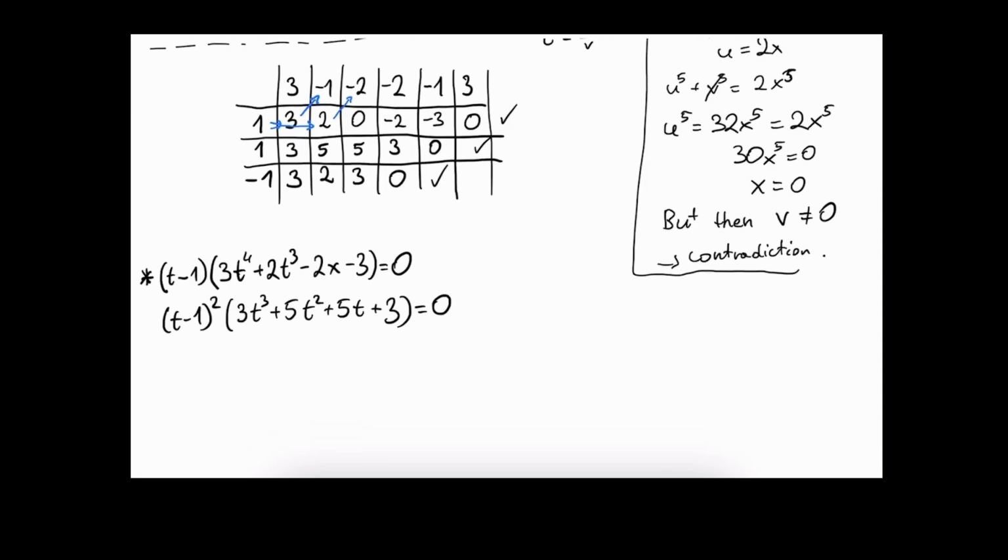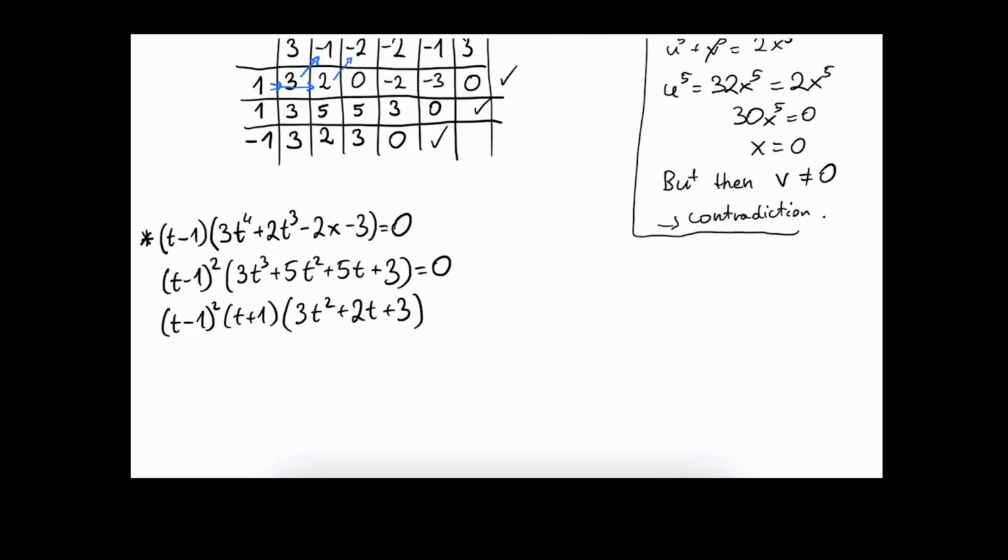So we can rewrite this one more time. Three t squared plus 2t plus 3. And this quadratic term will have no real solutions.